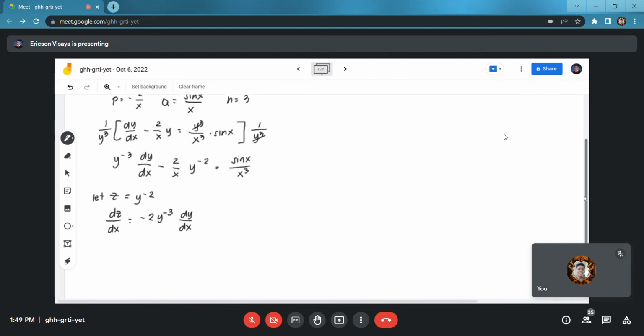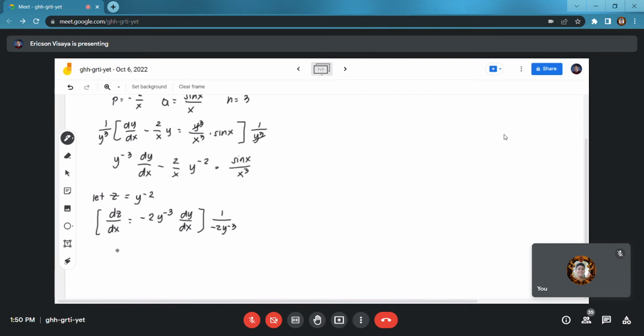Mapapansin natin, yung ating dy over dx natin, no? Divide both sides muna natin yung negative 2 y raised to negative 3.